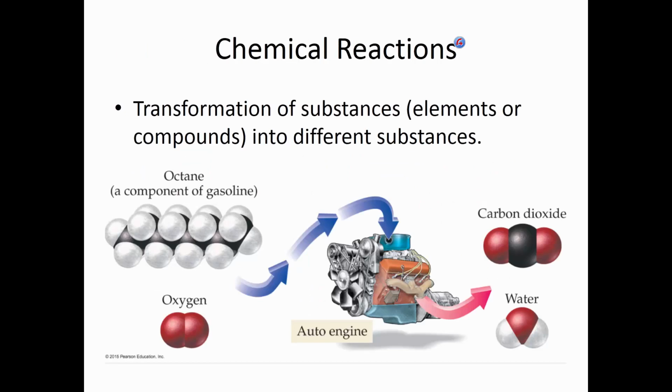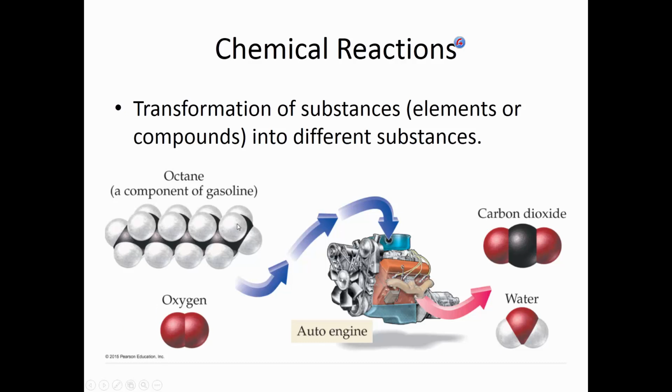Okay, so I want to first of all talk about what we mean when we say we have a chemical reaction. A chemical reaction is a transformation of elements or compounds into new arrangements of those elements. So we're showing an example here of an internal combustion engine where you have some molecules of the gasoline, and you have oxygen.